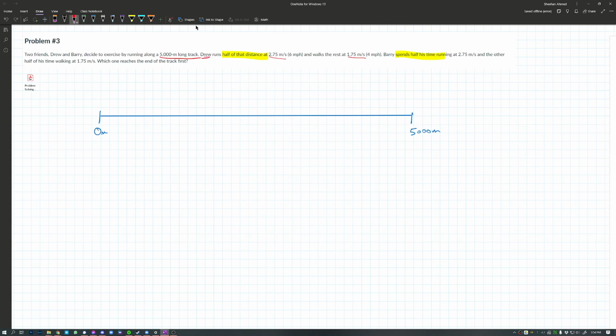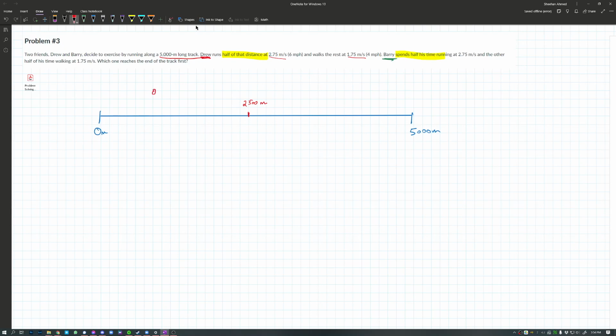I'm going to make Drew always be red. I'm going to make Barry always be green. So Drew runs half this distance, so let me mark half the distance, and that would be 2,500, nope, not 25,000, 2,500 meters.